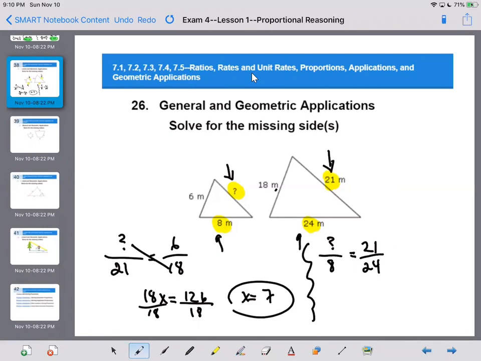So I'm going to take 8 and multiply it by 21, and I'm going to get this cross product here. I'm going to get 168 and 24x. So 168 divided by 24, again, I'm still going to get 7. And I knew that because we had already worked it. But this was just looking at another way and using different comparison numbers.